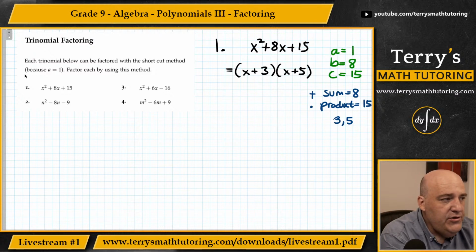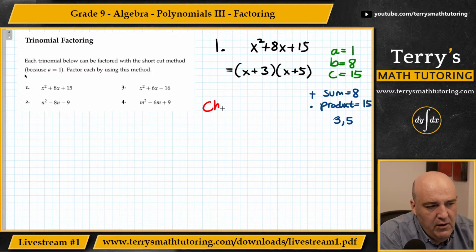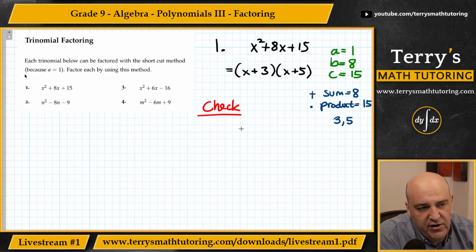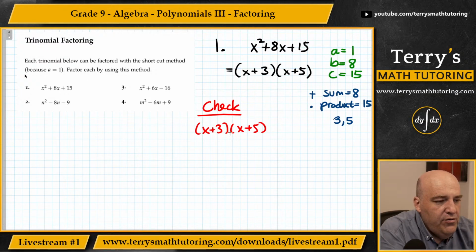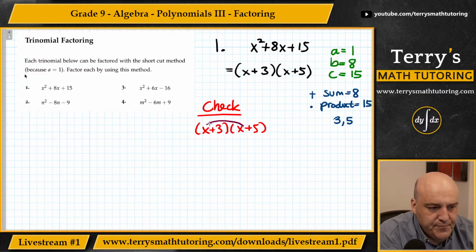And you can always check your answer. I haven't been doing that so far, but just to check your answer, let's take what I wrote down here and multiply it out and see if we get back to what we had. Now, some people call this FOIL, right? When you multiply across like this, these two are called F for first term.